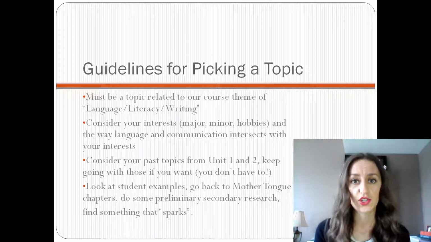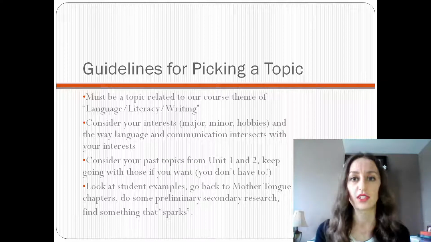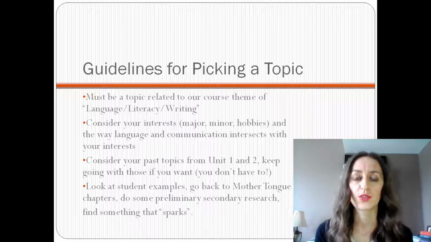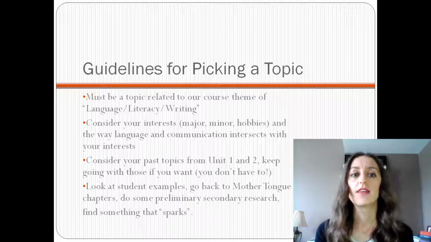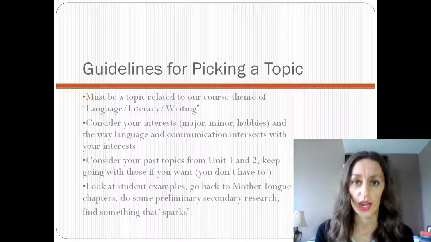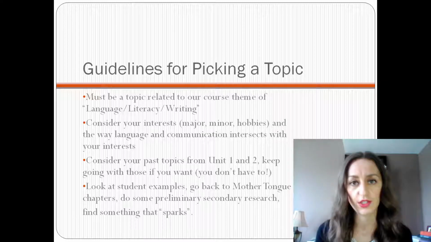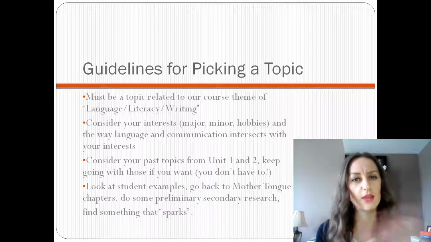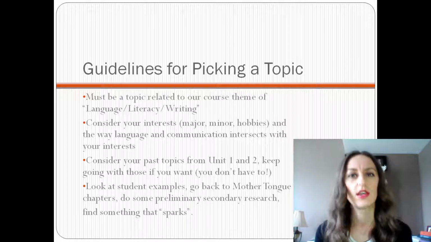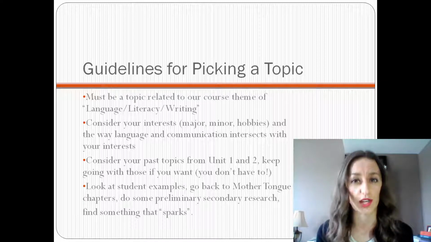First, I want to stress, and this is in the assignment sheet, but just as a reminder, the topic that you choose for your research paper needs to be related to our course theme of language, literacy, and writing. All right, so that was true in Unit 1, it was true in Unit 2, it is still true in Unit 3. Got to be related to our overall course theme, language, literacy, and writing, okay?